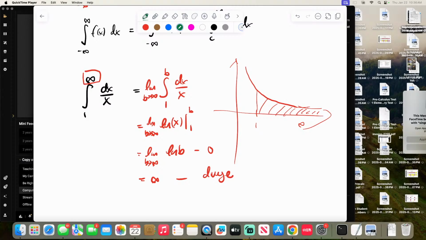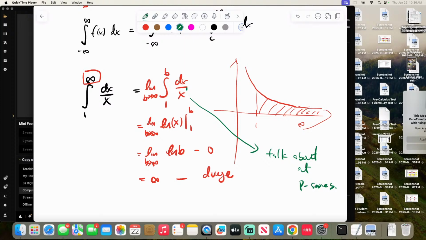But if it diverges, then it's just always gonna grow. So this is gonna matter later, when we talk about p-series.